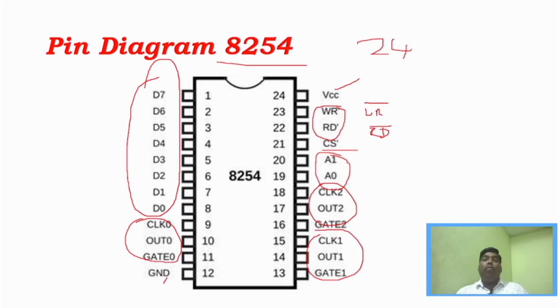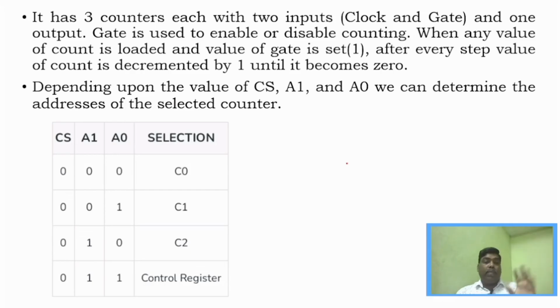Now we'll see how to configure the control word register. That is very, very important, right? As I said, before seeing that control word register, all this I have already explained. That is, you can see 3 counters, each with 2 inputs and 1 output, and you can see here the values of A0, A1 select which counter it is. You can see the chip select, right?